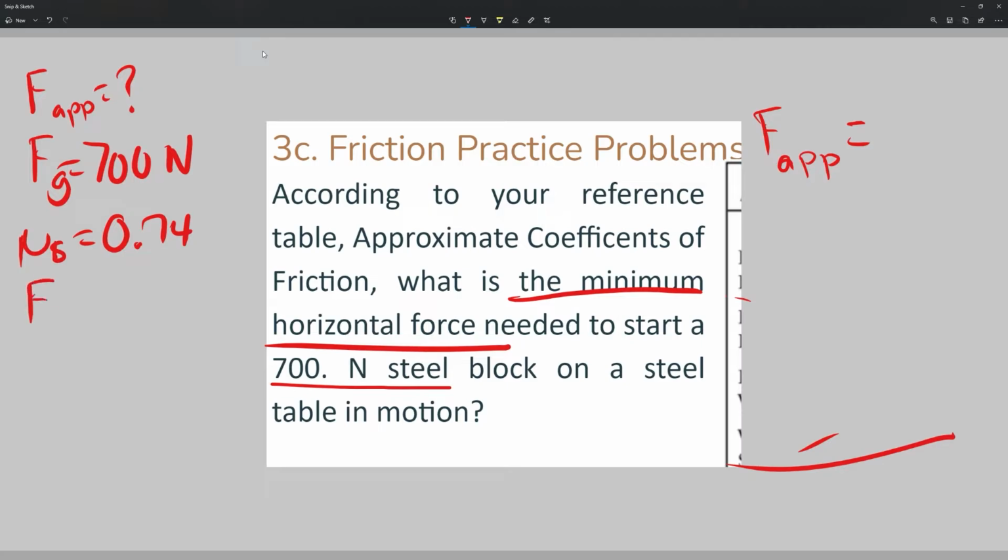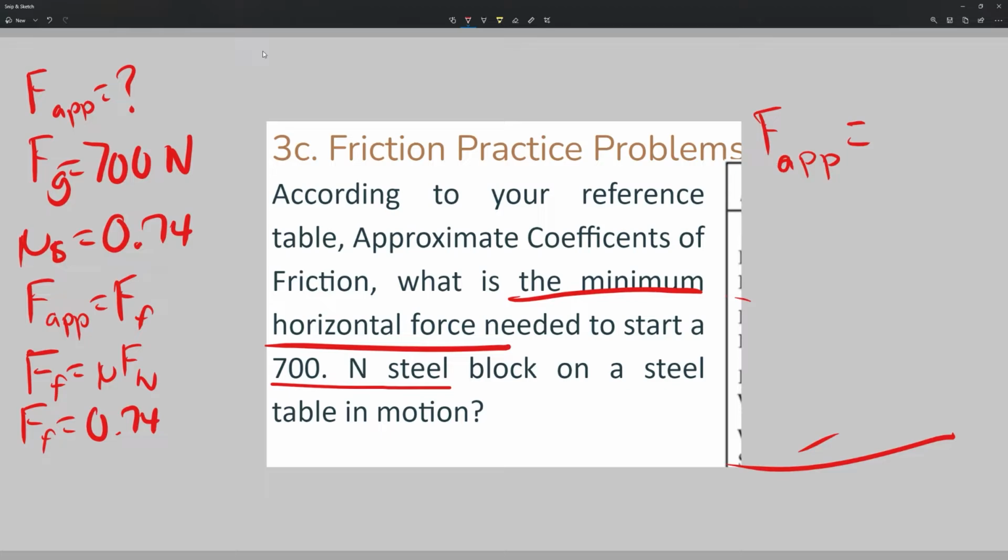So our force applied here is equal to our force due to friction. That's just something you need to remember. You don't have to remember the proof. You just need to remember that they are equal to each other. And then we have the formula: force due to friction is equal to mu Fn. And so we have force due to friction is equal to mu, 0.74.